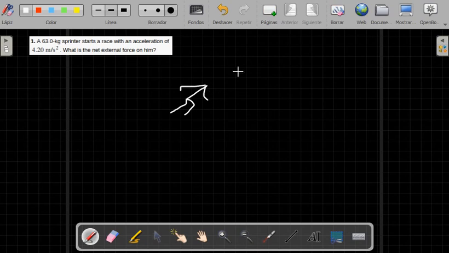He's about to start that race, and because of that, he's going to have an acceleration, which goes to the front.